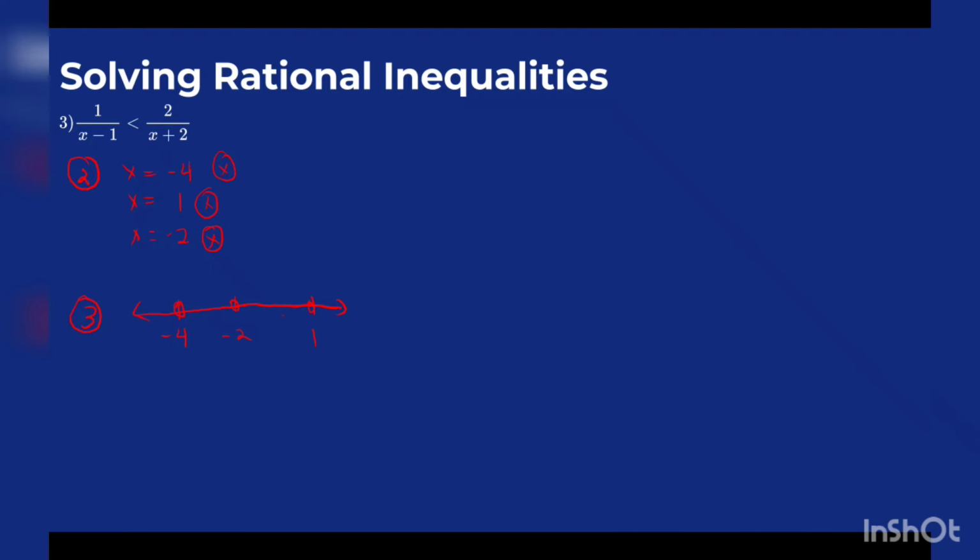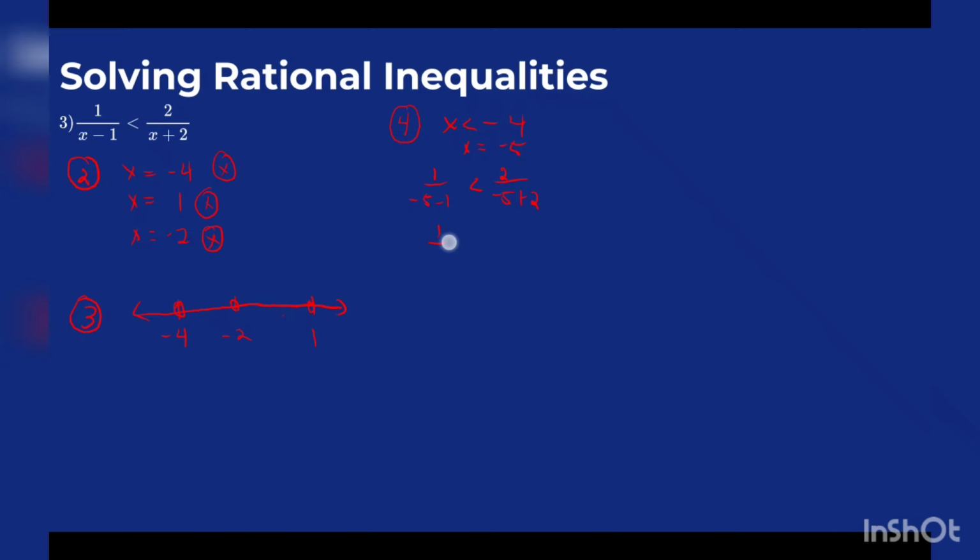And for step number 4, we'll test the intervals. The first interval is the numbers on the left of -4. So that is x is less than -4. Let's use -5. So test it by substituting -5 to the rational inequality. So we'll have 1 over -5 minus 1 is less than 2 over -5 plus 2.